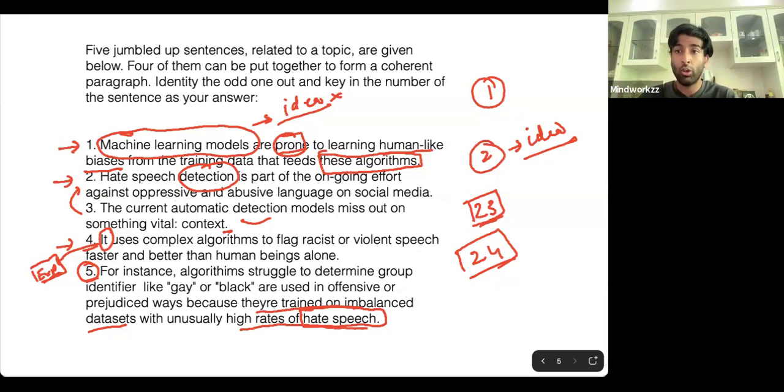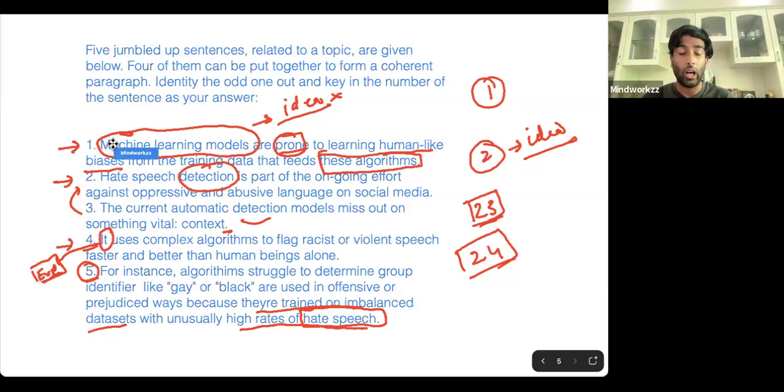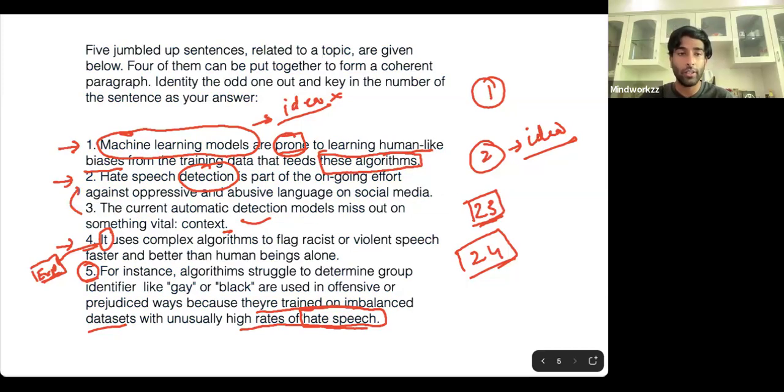So, what do you think the flow should be? We have a lot of confusion here, right? There are a lot of linkages between multiple sentences, and biases and all. To understand how the sentences are flowing, you've read all the five sentences.